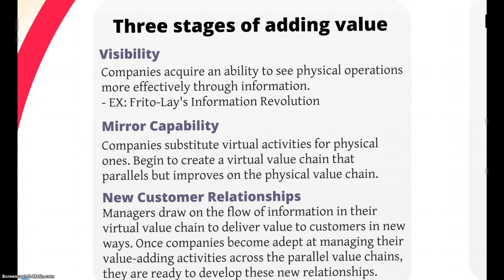Companies substitute virtual activities for physical ones, beginning to create a virtual value chain that parallels but improves the physical value chain. New customer relationships. Managers draw on the flow of information in their virtual value chain to deliver value to customers in new ways. Once companies become adept at managing their value-adding activities across the parallel value chains, they are ready to develop these new relationships.